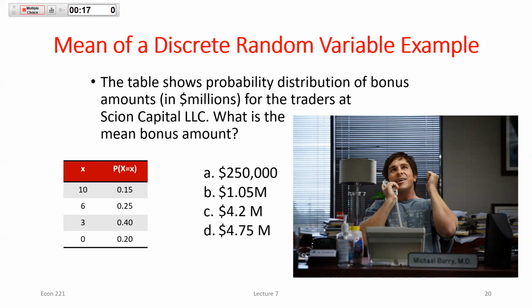And each one of those bonus amounts has a different probability of occurring, okay? So with this information, what's the projected bonus amount for this individual in the upcoming year? You can use these probabilities, use 4 different outcomes for X, and find the mean or the expected value for this bonus that this individual is going to get.